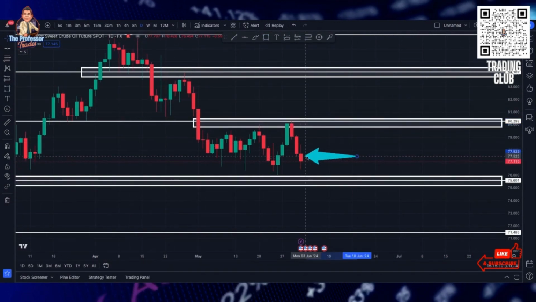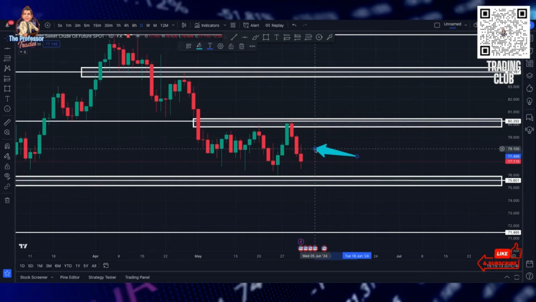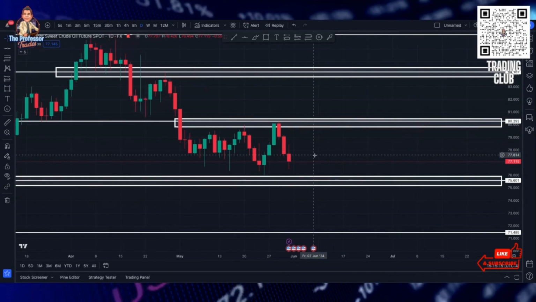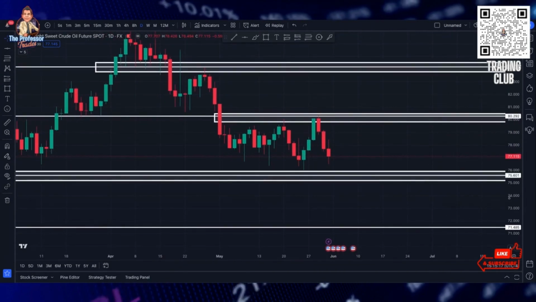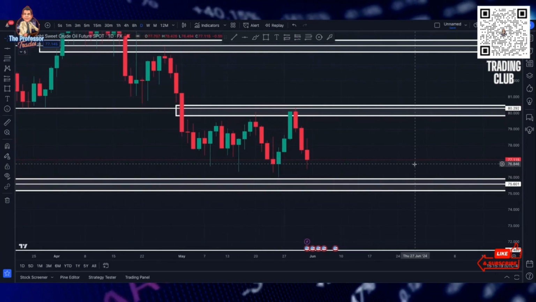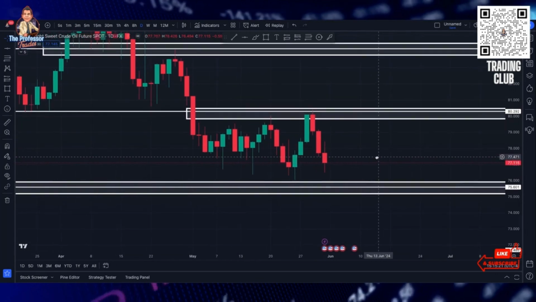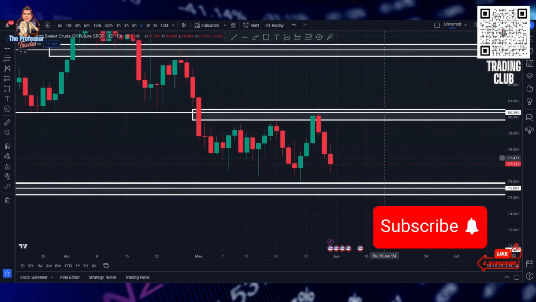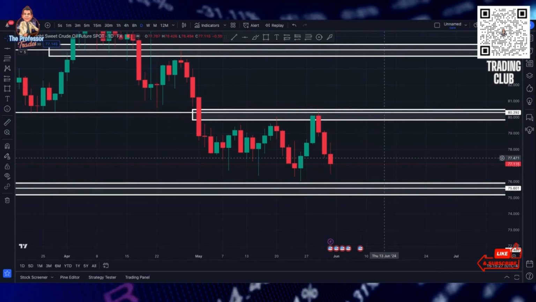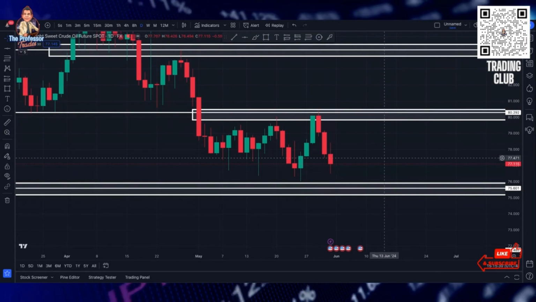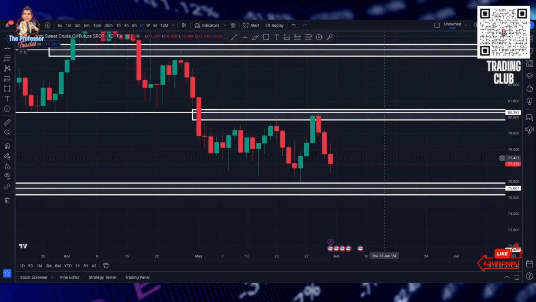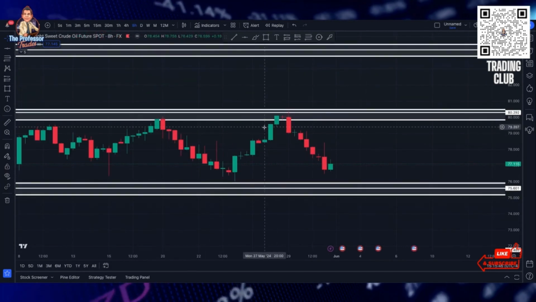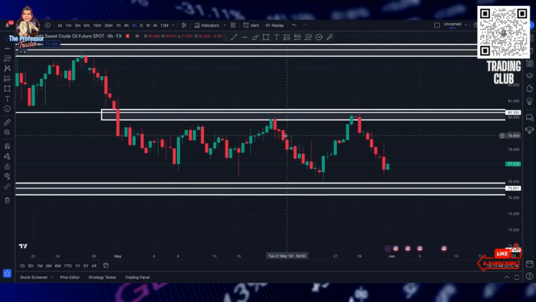This is still going to be the area that we are playing until we have proof that price is going to break out of this area right in here. And this has been a tremendous area, because we as a trading community have been both buying and selling from this 500 point area.